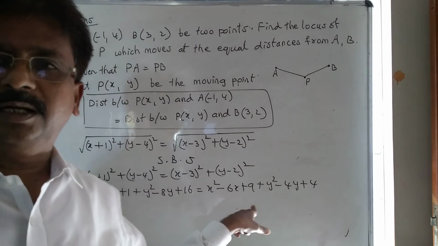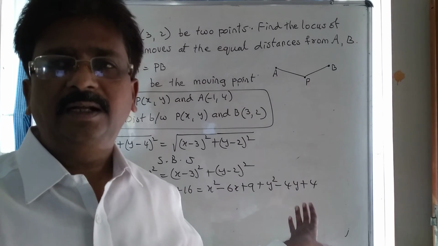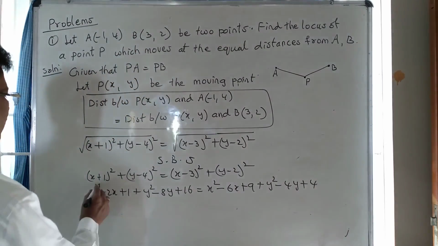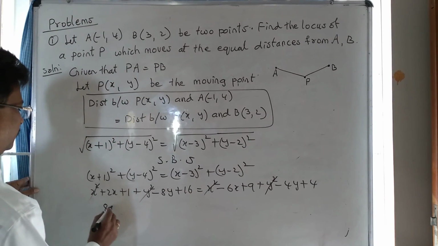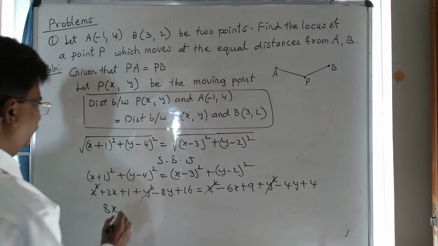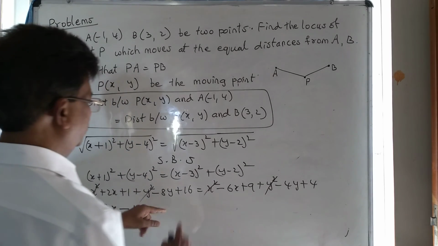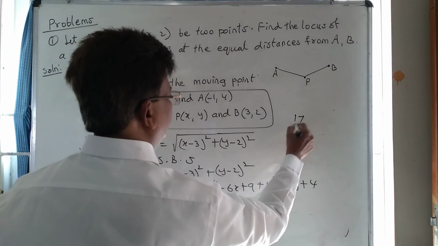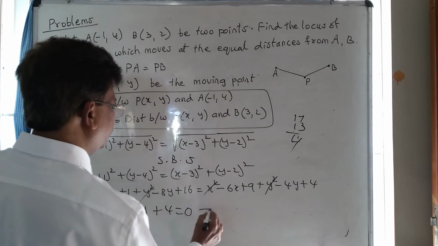Okay, have you understood the expansion of each and every term according to a minus b whole square and a plus b whole square? I have expanded them. Now square terms are cancelled, taking all the terms to the left side, 8x and here minus 8y minus 4y, and 16 plus 1 is 17, here 9 plus 4 is 13, 17 minus 13 is 4, plus 4 is equal to 0.